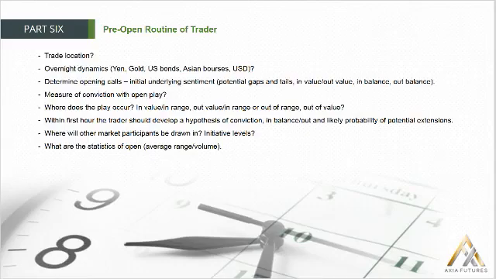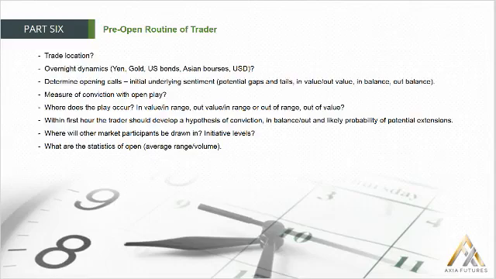Now remember, if we see a market open in balance with a very basic open auction, there's a low level of conviction. However, if we see the market open out of balance with an open drive, there's a high level of conviction. The 2 hypotheses we'll formulate on these 2 opens will be greatly different.